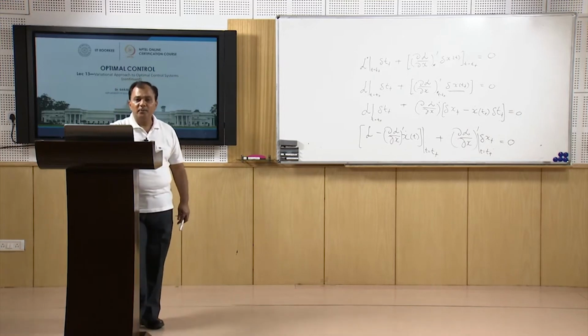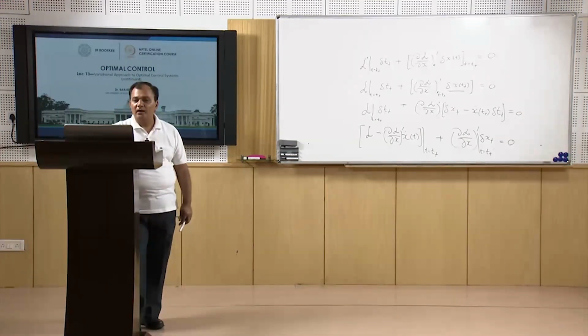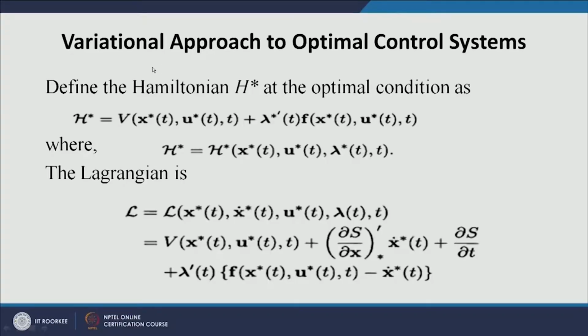This can further be simplified if we define a term called Hamiltonian. Hamiltonian is defined simply as v plus lambda prime f, where v is the integrand of my performance index, while f is nothing but my state equation. So, what actually we have considered?